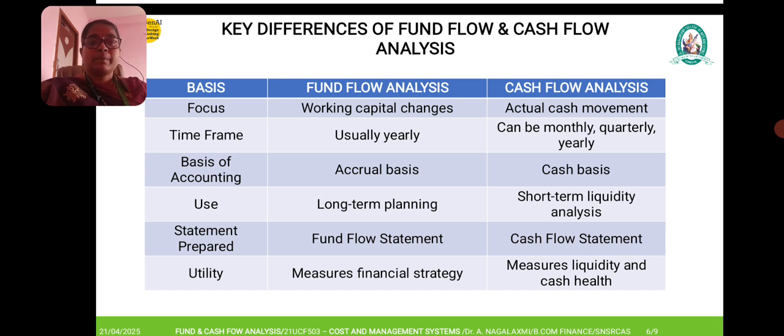The statement prepared for fund flow analysis is fund flow statement, and for cash flow analysis is cash flow statement. The utility is to measure financial strategy for fund flow analysis, and for cash flow analysis it measures liquidity and cash health.